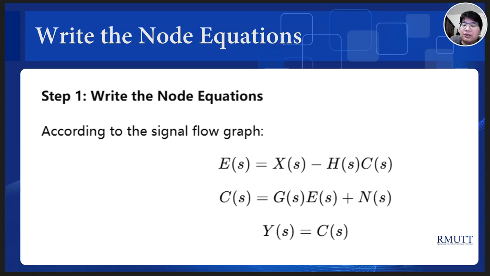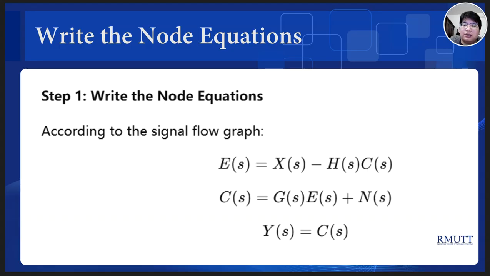Based on the signal flow graph, we can write the node equations. The first equation is E(s) equals X(s) minus H(s) times C(s). The second equation is C(s) equals G(s) times E(s) plus N(s).